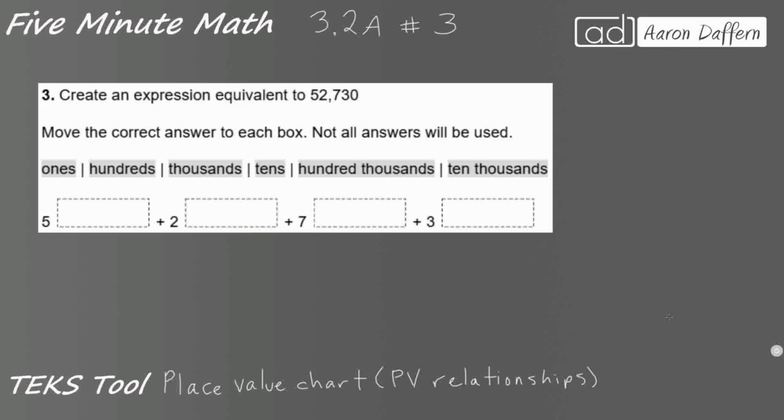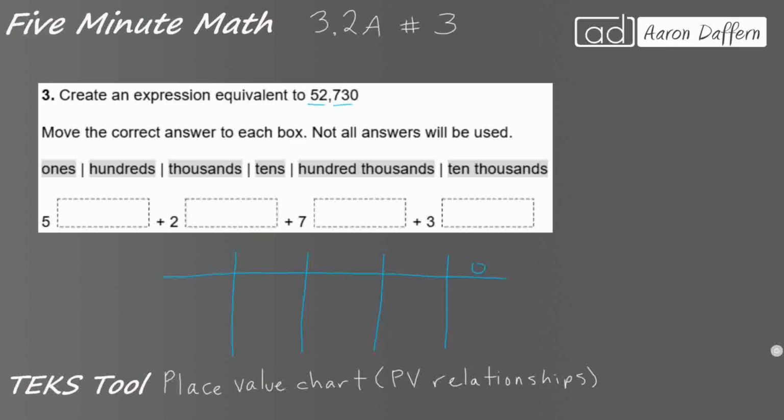So we have an expression that we need to create, and it needs to be equal to 52,730. So let's go ahead and build this in a place value chart. What I want to do is separate this into, it looks like I've got 5 digits, right?